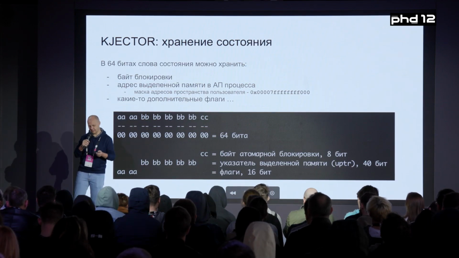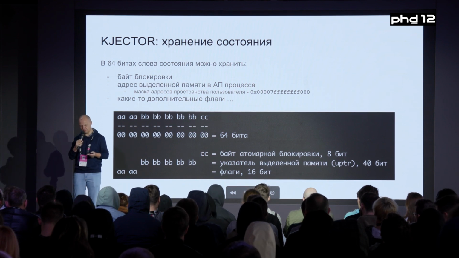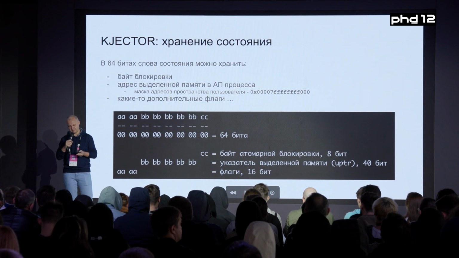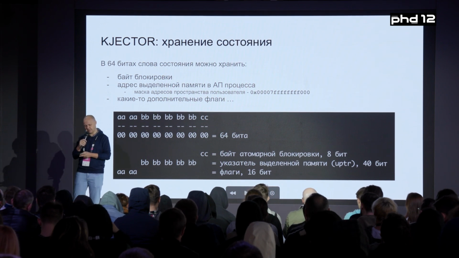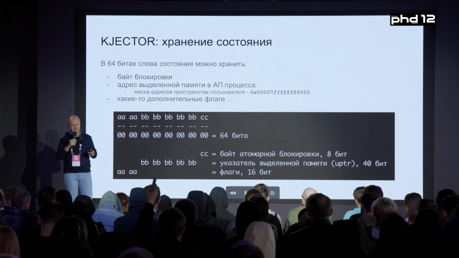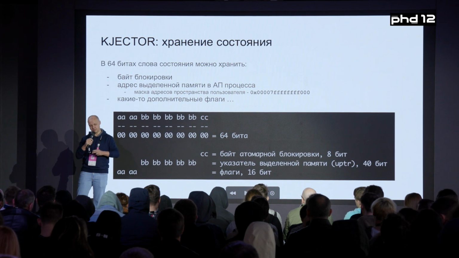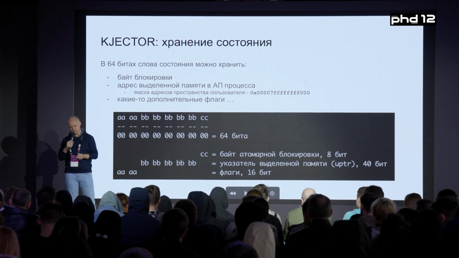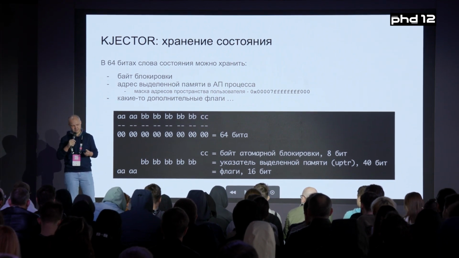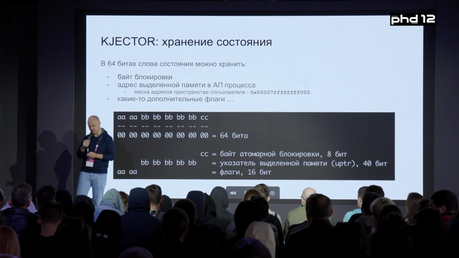Also, please remember that when we're using the kernel allocator to allocate memory, it will always be byte-aligned on a boundary, which means that some junior bits will be zeros and some senior bits will also be zeros, because process addresses have a given range, which means that the mask of addresses in the user space looks like this.